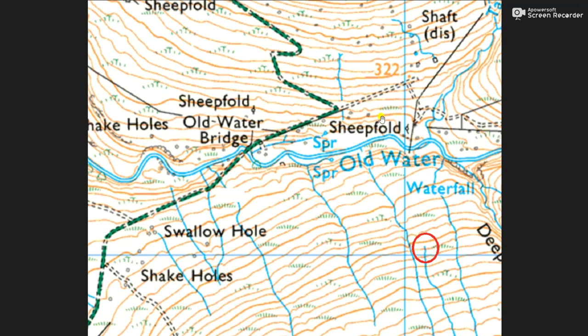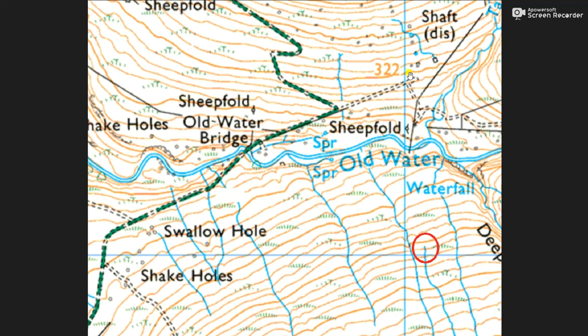So I've just said if they were 10 meter intervals, the index contour here would have to end in a 00, i.e. 100, 200, 300, or a 50, 50, 150, 250, etc. Now it's right next to this spot height of 322, so it can't be ending in 100. There's not enough contour lines in there for that to work.